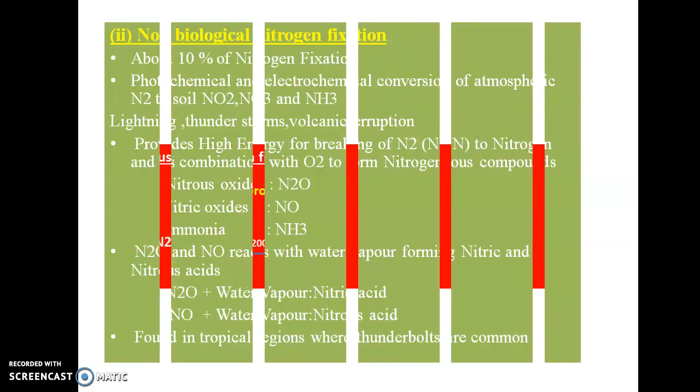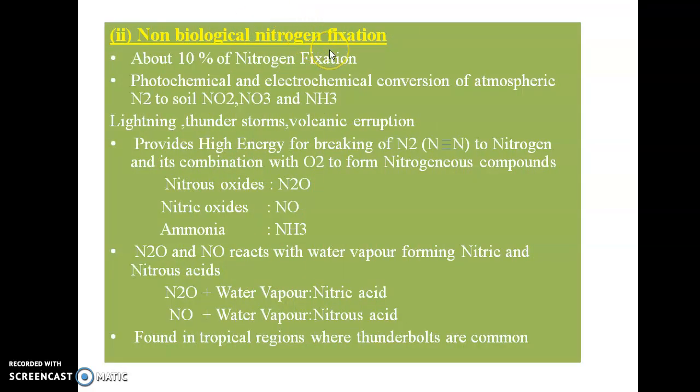Then comes non-biological nitrogen fixation. About 10% of the nitrogen fixation is generally done by means of the non-biological method. As the name indicates, there is no involvement of any kind of biological organisms for the nitrogen fixation. Here the nitrogen is fixed by means of photochemical and electrochemical conversion of atmospheric nitrogen.